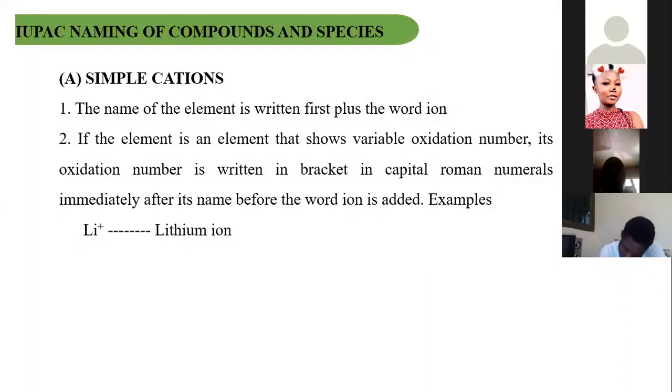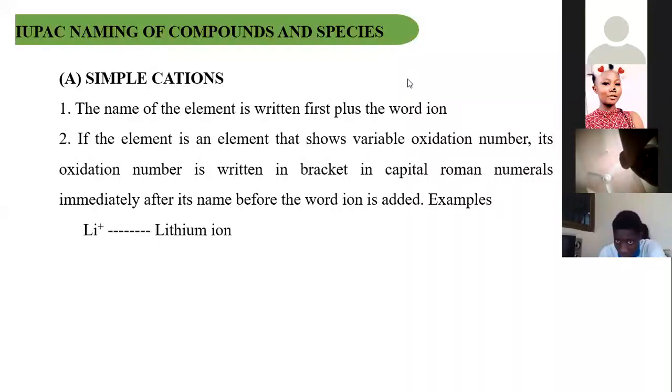You see, Li will be named as lithium. The element lithium, Li. If you have Li plus, it is not lithium. It is lithium ion. So you have to add the word ion to it. That's the first rule, that the name of the element is written first, plus the word ion. You write the name of the element, then you leave space, then you add the word ion to it. That's all. The ion, I-O-N.